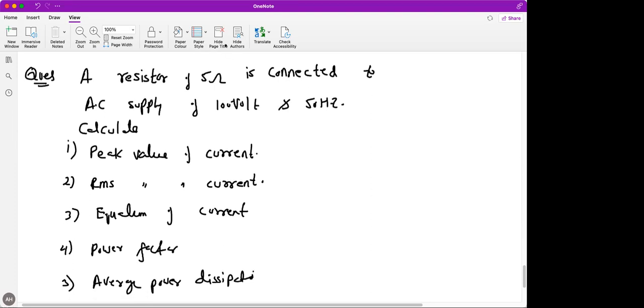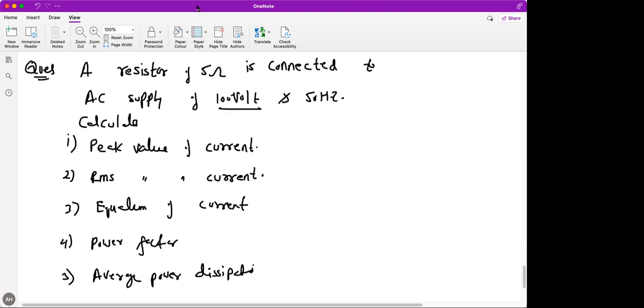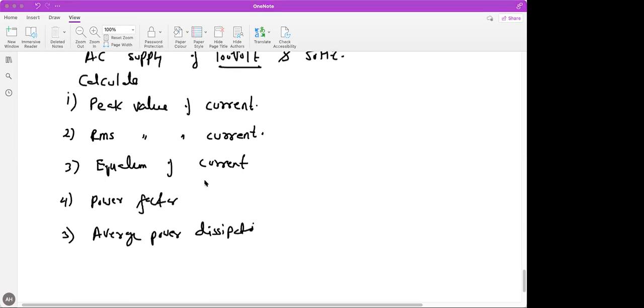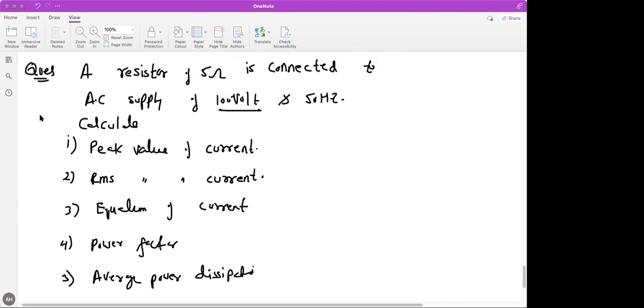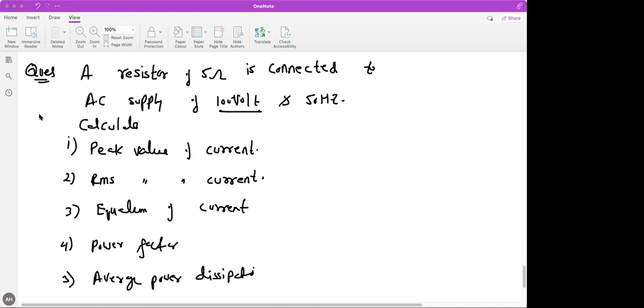Just note this question and tell me what this value is. This 100 volt, is this the average value, RMS value, peak value? Which value is this? Good. Just note this question and try to solve it. Ahmed, which value is this, RMS, average, instantaneous? Which value is this 100 volt?